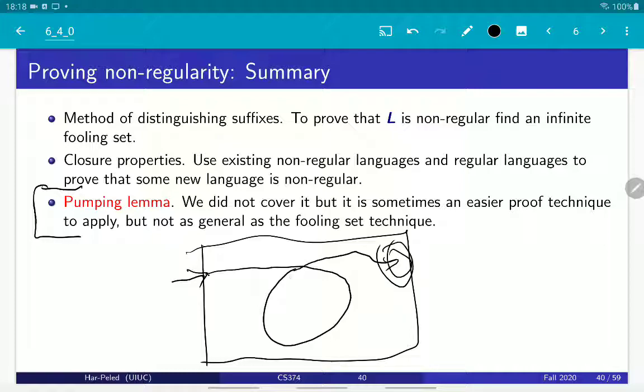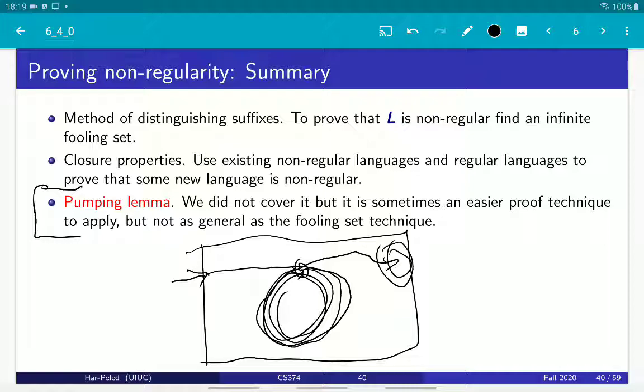Once you have a loop, you arrive at a state, you go around, and then you come to the state again. This loop you can repeat as many times as you want, and you get a new string which must also be in the language. Then you argue that this is not possible, that your language cannot have this repetition, which implies that indeed it cannot be regular.